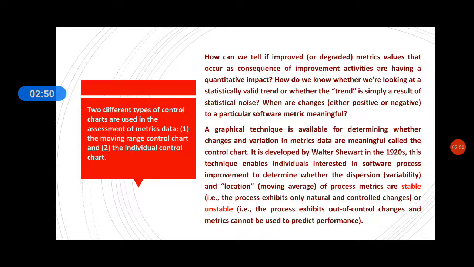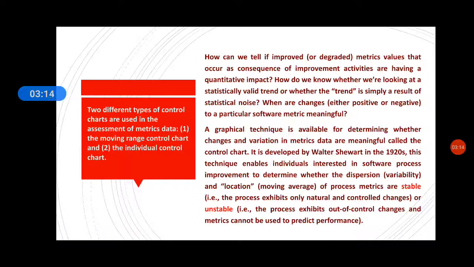Before going into the types of control charts, first of all let us know how we can tell if improved or degraded metric values that occur as a consequence of improvement activities are having a quantitative impact.